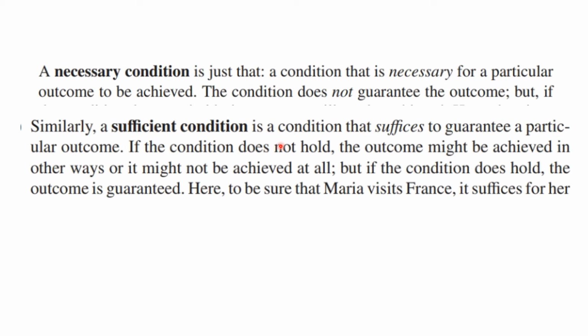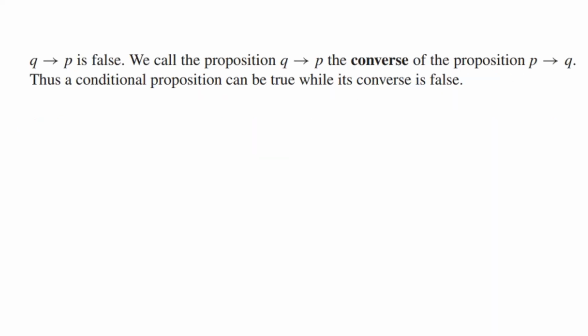So if we say if P then Q, P is sufficient for Q. We call the proposition Q implies P the converse of the proposition P implies Q. Thus, a conditional proposition can be true while its converse can be false. You can build a truth table for this and check that these actually can have different truth values depending on which row in the truth table you're looking at.